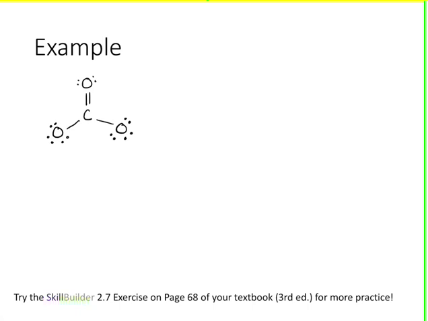So what is the formal charge for this first oxygen on the left? -1. So if you see an oxygen with 3 lone pairs of electrons, it's going to be negatively charged. What about the oxygen on the right?